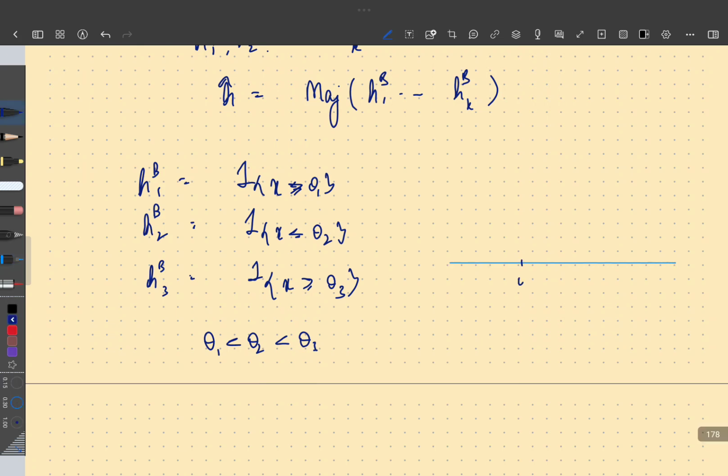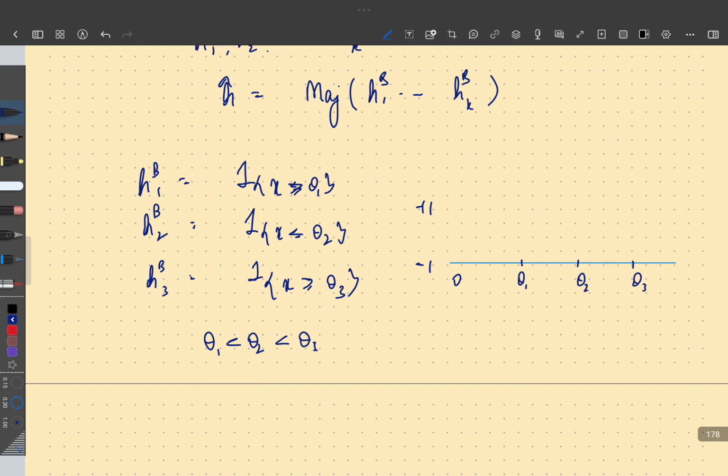So let's say that this is my theta 1, this is theta 2, theta 3, with outputs minus 1 and plus 1. So there are 4 different regions.